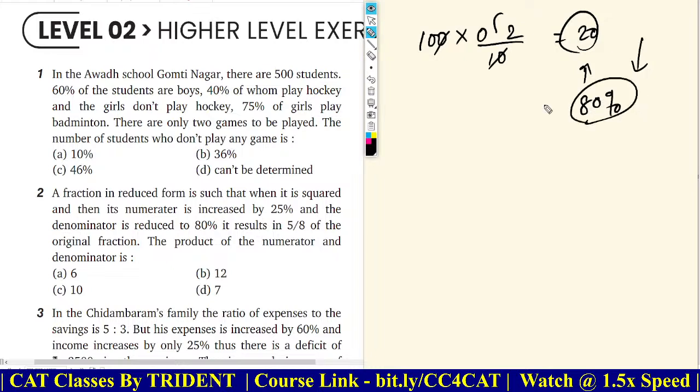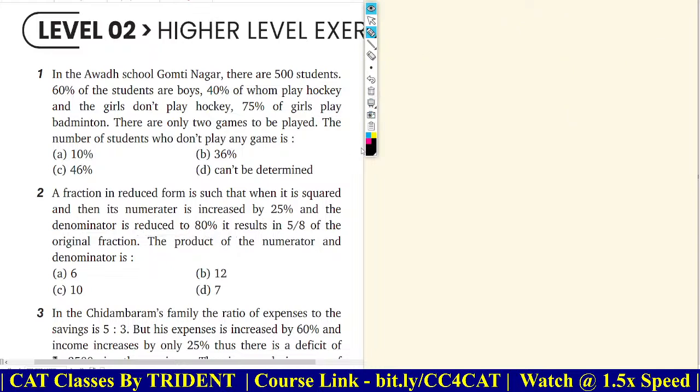So basically the number is reduced by 80%. This is not what is given in the question. The question says that the denominator is reduced to 80% and not by 80%. I hope that makes sense, right? So this is the answer. Both of the questions we have been able to do. Let's go to the next question.